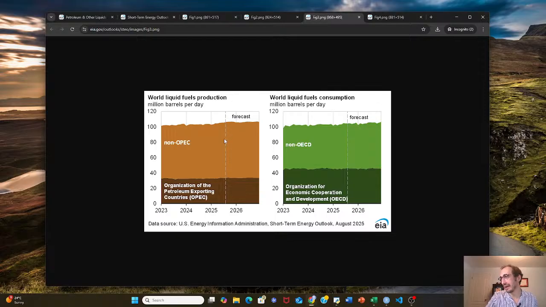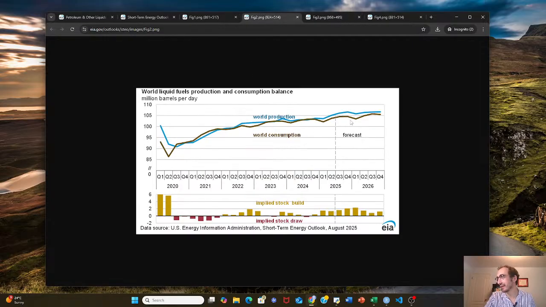Let's look at their forecast. Before I go to this, I'll close off and say they're forecasting that it's going to continue. I think the forecast is more bullish, but I don't think it's a far stretch if OPEC continues to periodically increase its production.